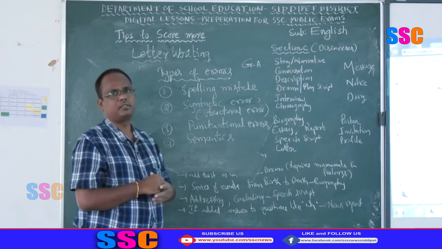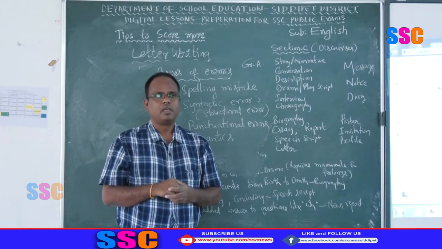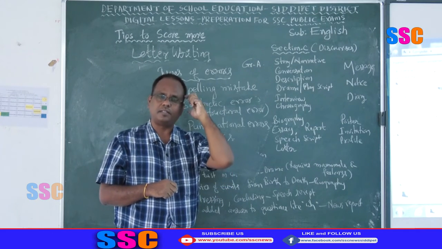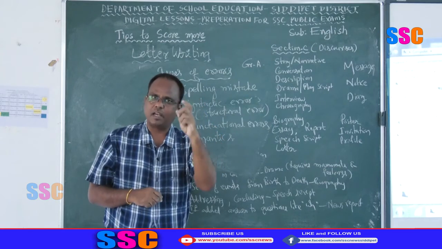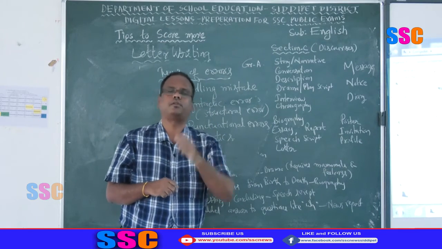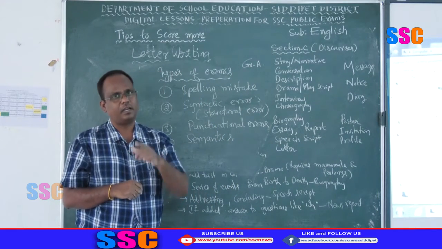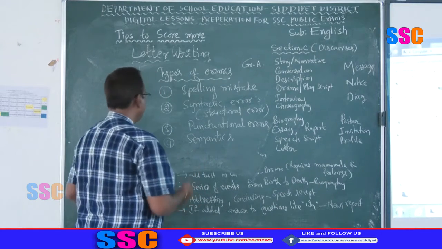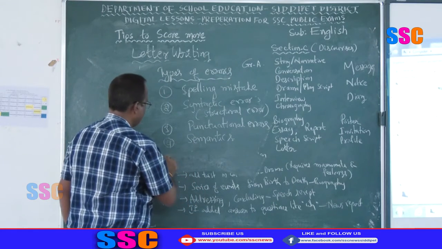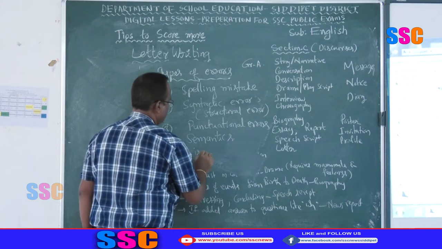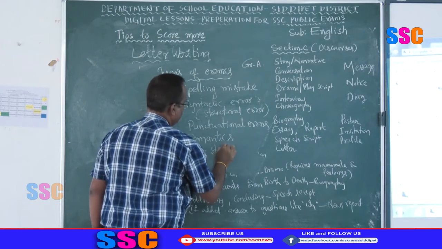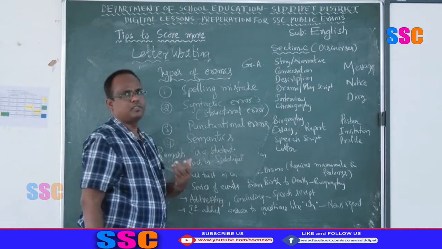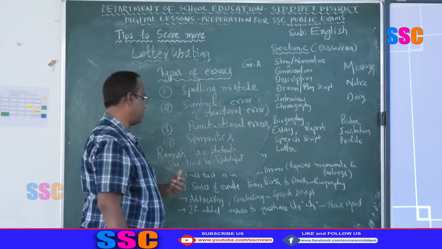Then the semantics. What is semantics? A semantic error is that your sentence is correct according to the grammar, but it is conveying a different meaning. For example, if I write like this, Ramesh is a student, she lives in Siddipet. Definitely there is no mistake according to the grammar.